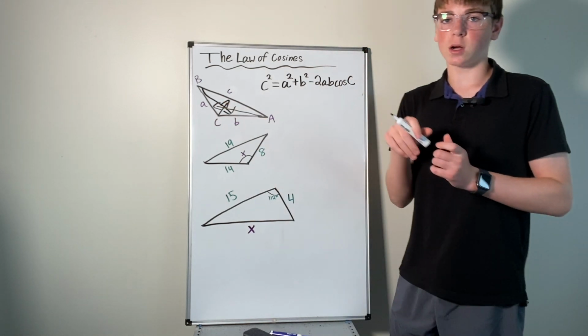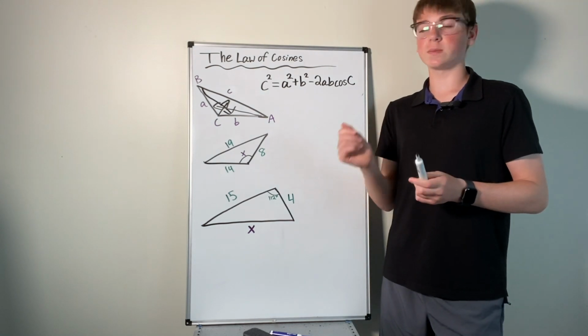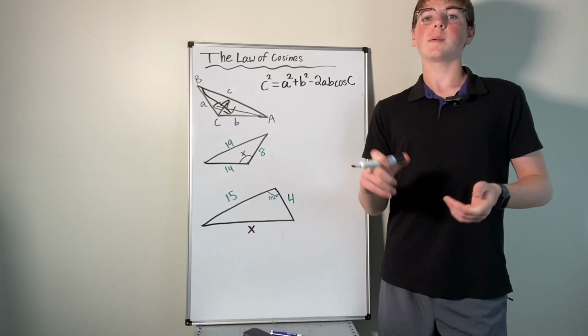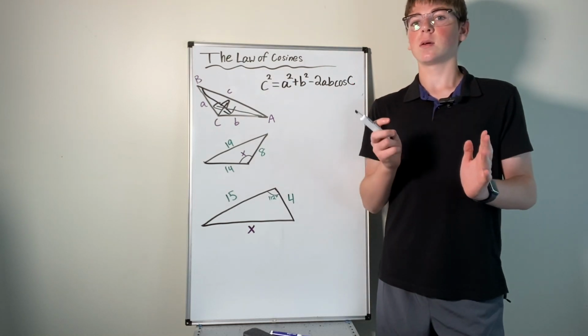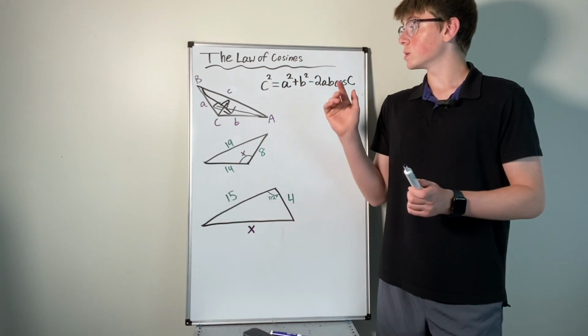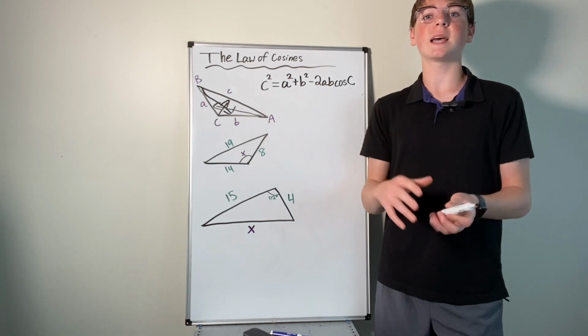Now let's look at our formula. c squared equals a squared plus b squared minus 2ab cosine C. So let me help you dissect this real quick if you want to memorize it. c squared is just the side you're looking at.